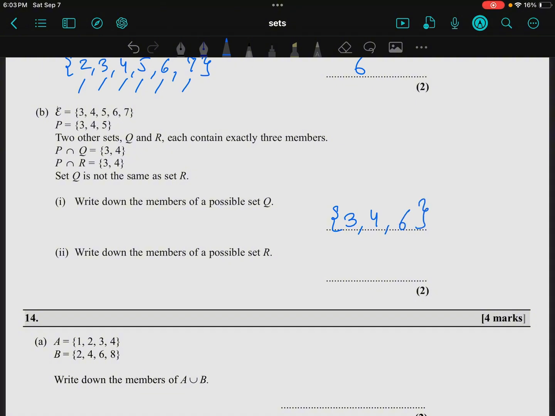It will make Q. Write down the members of a possible set R. Common between P and R is also 3 and 4, so we will write 3 and 4. Any other element you will take from the universal set. Let's say we have taken 7, so 3, 4 and 7. Other ways are also there. Here in the first part you can take 3, 4 and 7. In the second part you can take 3, 4 and 6. So it depends on you.